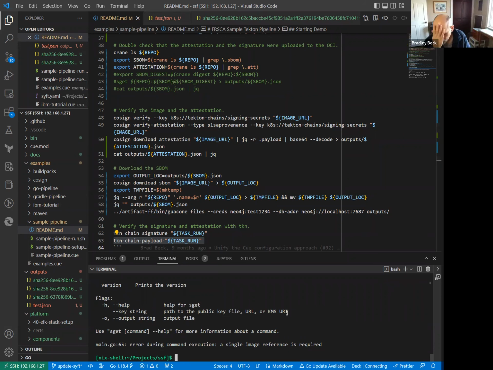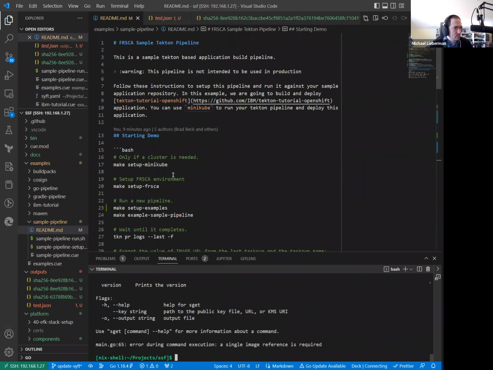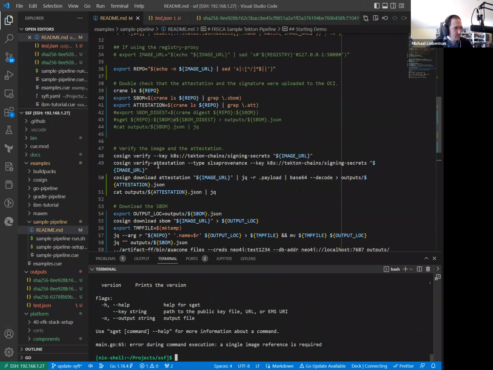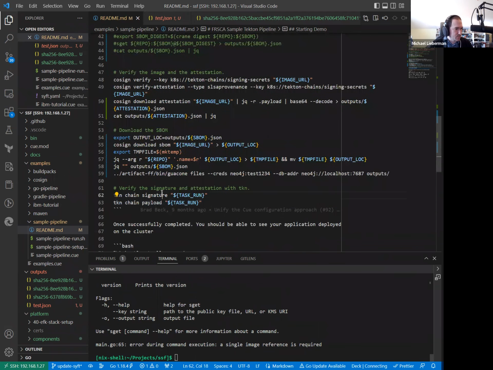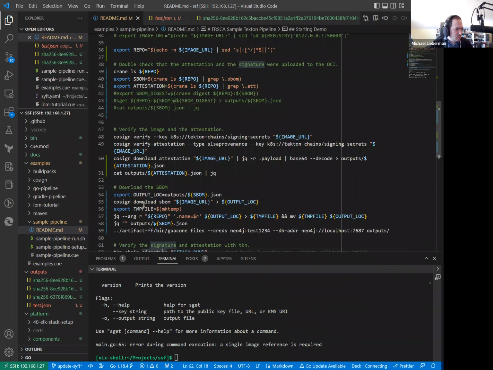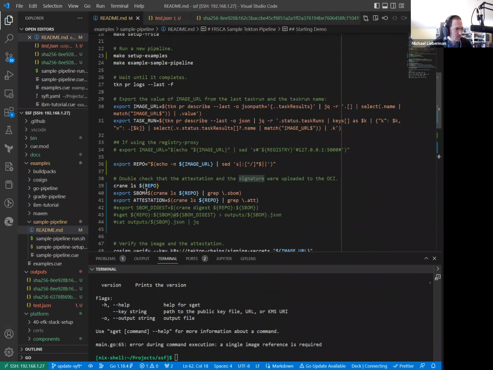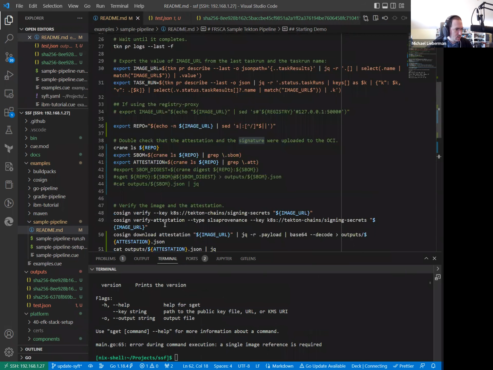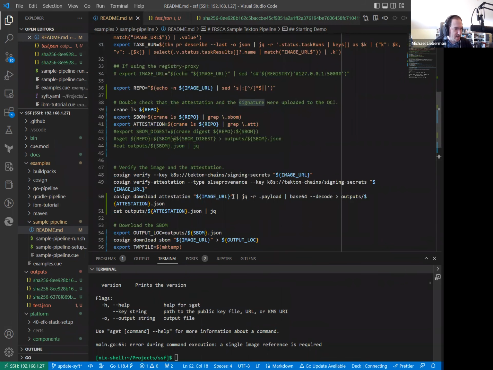Yeah. So they do seem to be for literally that same exact one, but even if I download the attestation, it does show there are two payloads.